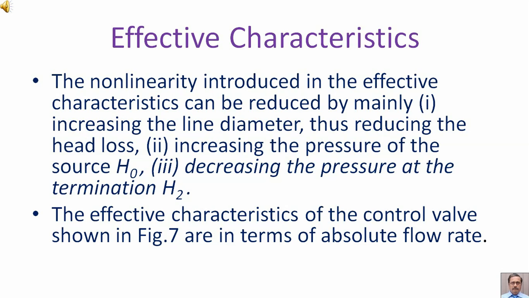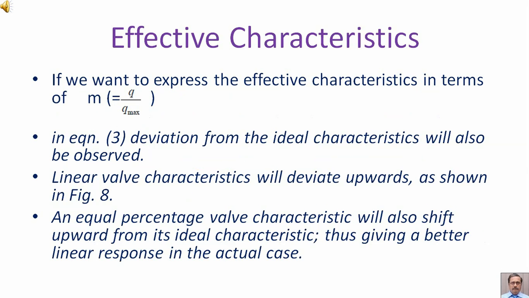The effective characteristics of the control valve shown in figure 7 are in terms of absolute flow rate. If we want to express the effective characteristics in terms of M equal to Q upon Q max, in equation 3, deviation from the ideal characteristics will also be observed.